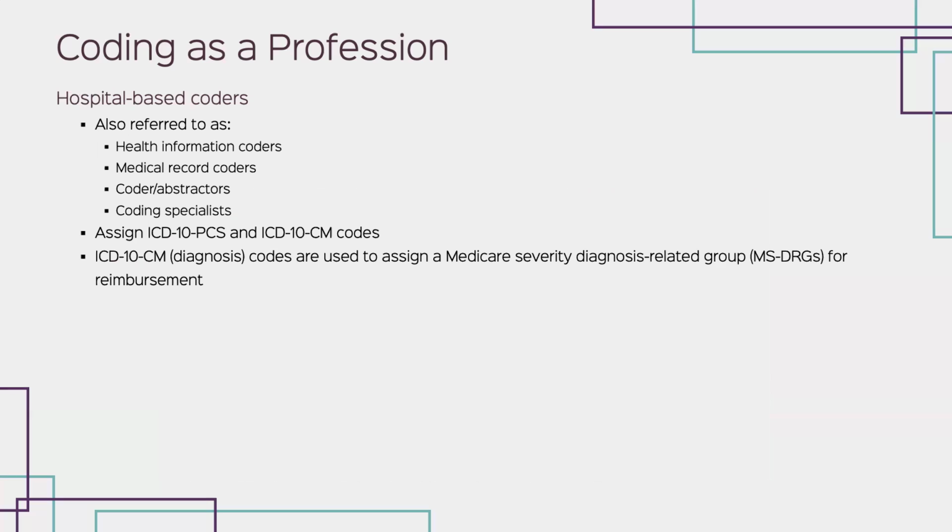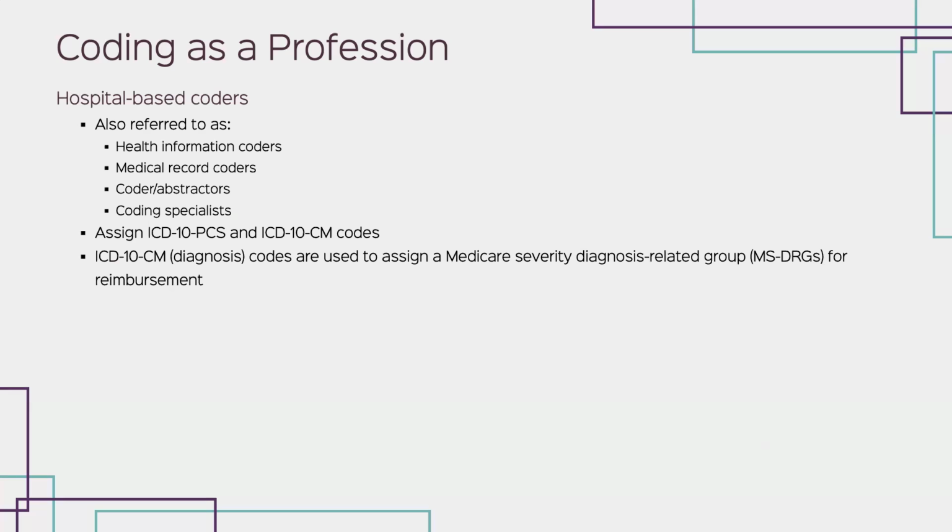Now, those who specialize in coding for hospitals, they are typically called health information coders, medical record coders, coders and abstractors, or coding specialists. These technicians will assign a code for each diagnosis and procedure, relying on their knowledge of the full disease process.